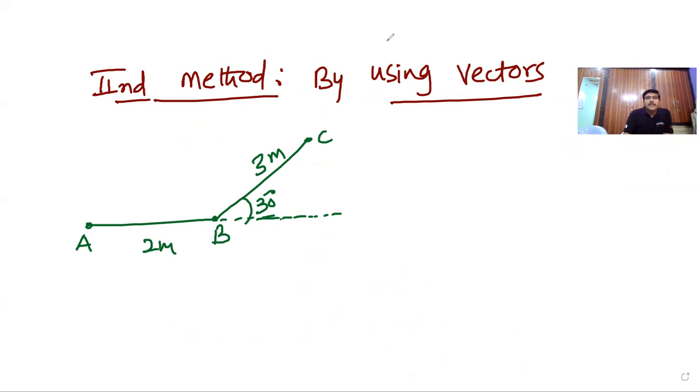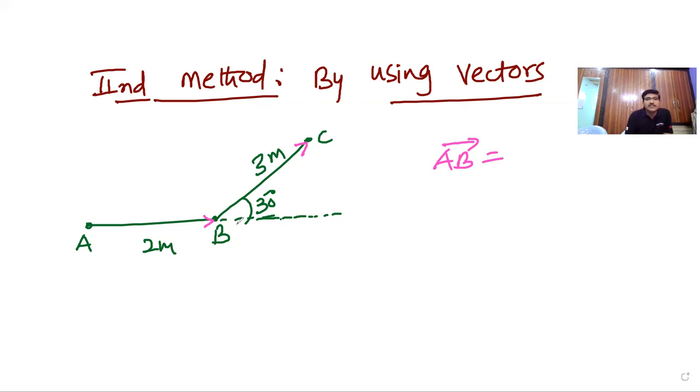Okay. Now, direction. General directions, you know. General direction towards east, A to B, tail to head, 2 meters, AB bar vector. Again 30 degrees turning and B to C, tail to head, BC bar vector. What is AB bar vector?